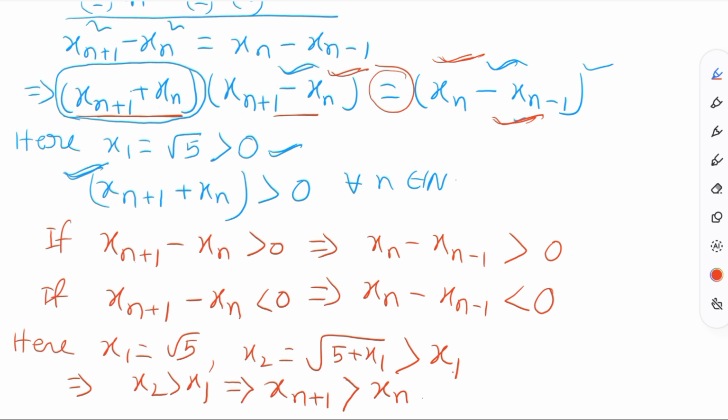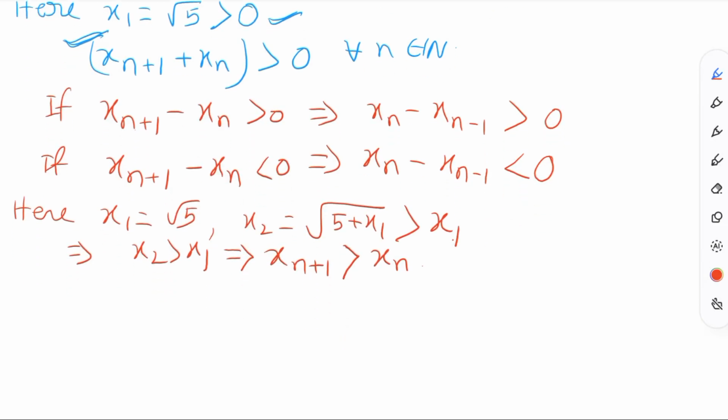Okay everyone, clear? Is xn plus 1 greater than xn for all n belongs to N? That means you can write xn plus 1 minus xn greater than 0 for all n.